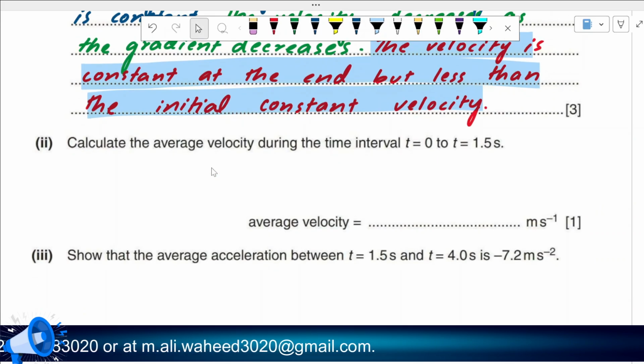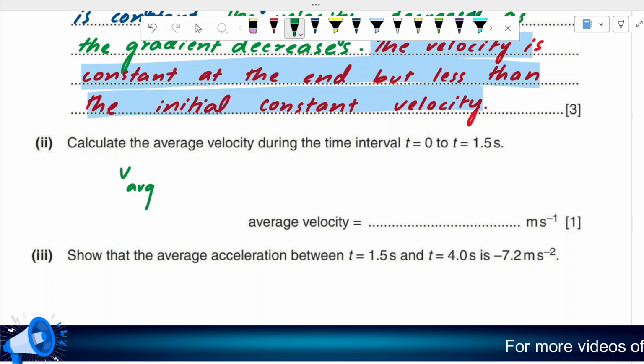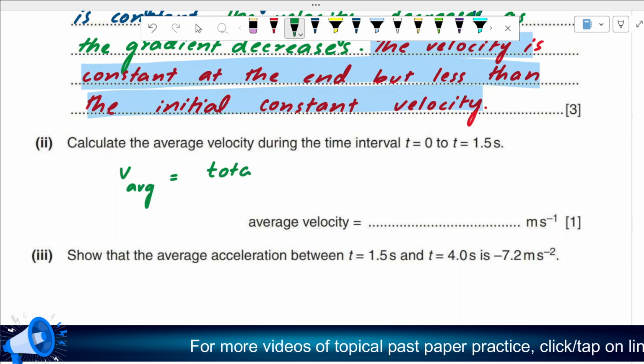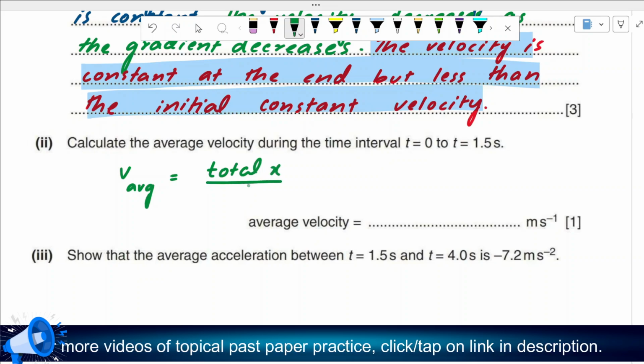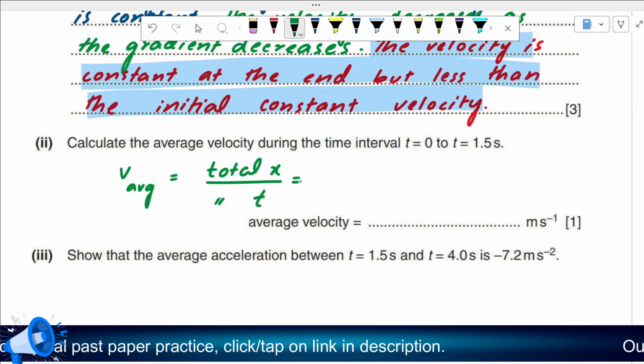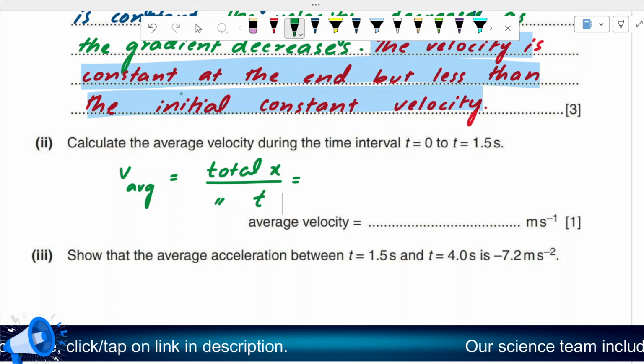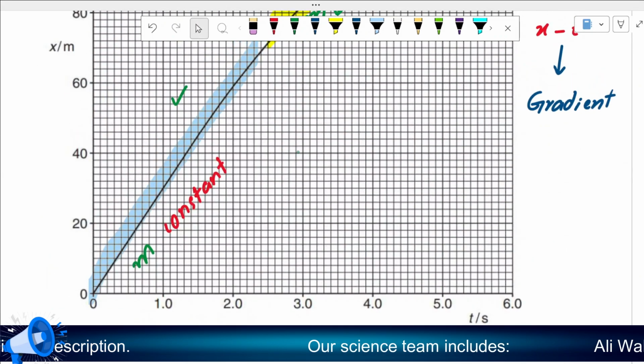Calculate the average velocity during the time interval from 0 to 1.5 second. So for the average velocity, we simply have a formula. Average velocity equals total displacement divided by the total time. So till 1.5 second, what is the total displacement? Let's find out.